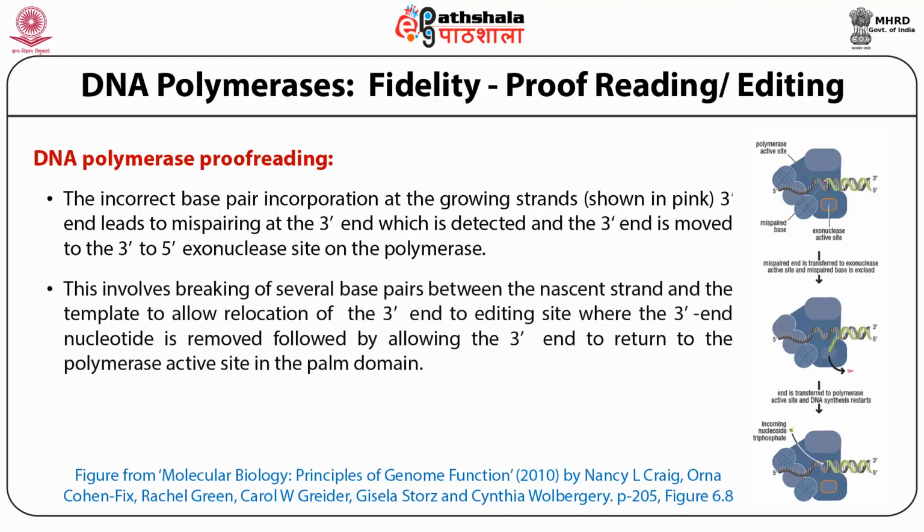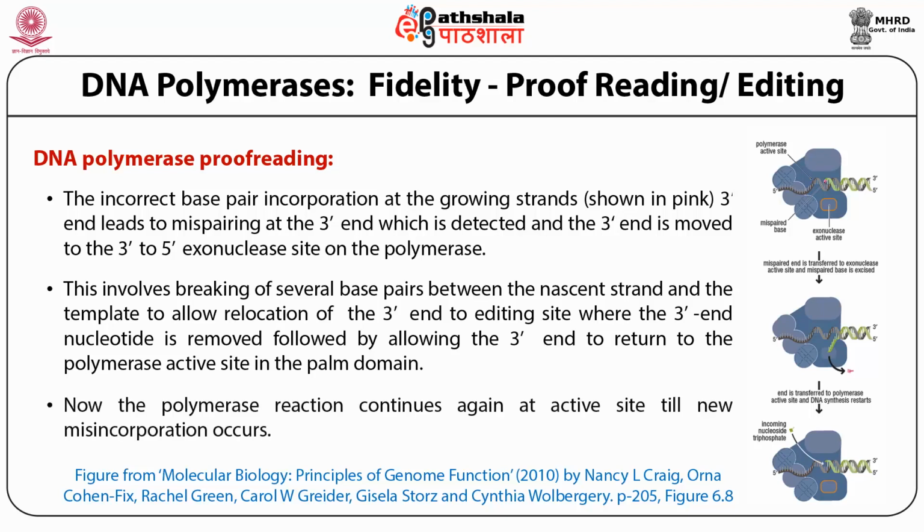This involves breaking of several base pairs between the nascent strand and the template to allow relocation of the 3' end to the editing site, where the 3' end nucleotide is removed, followed by allowing the 3' end to return to the polymerase active site in the palm domain, where now the polymerase reaction can continue.